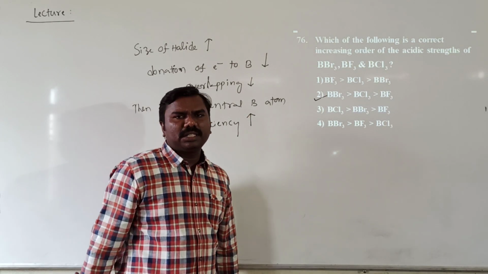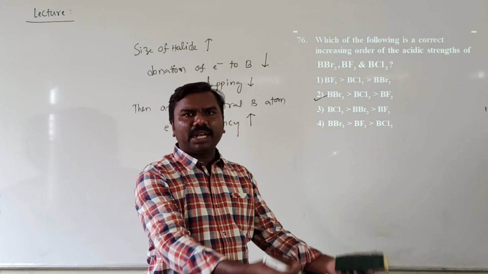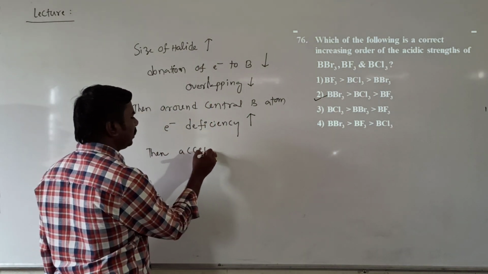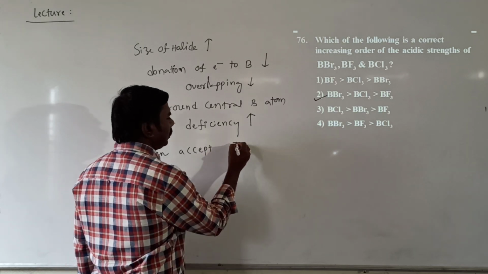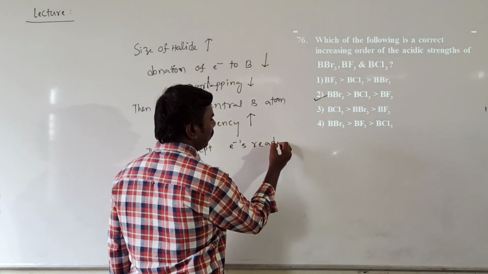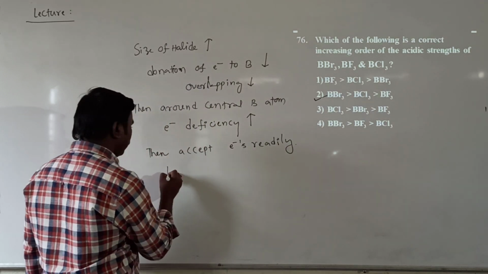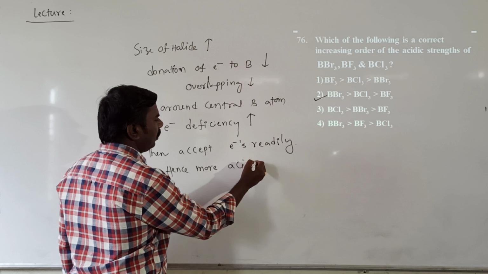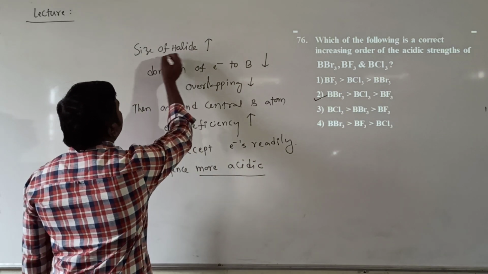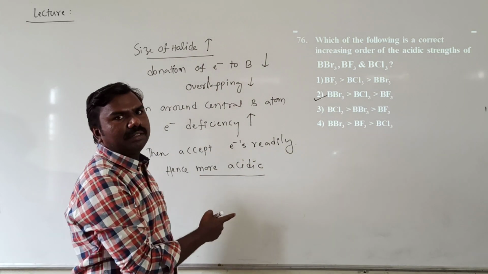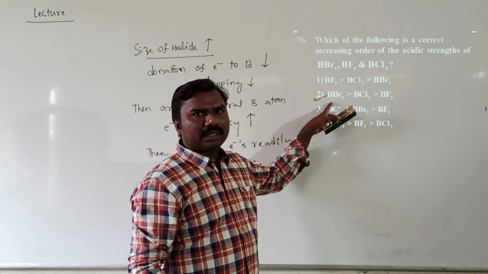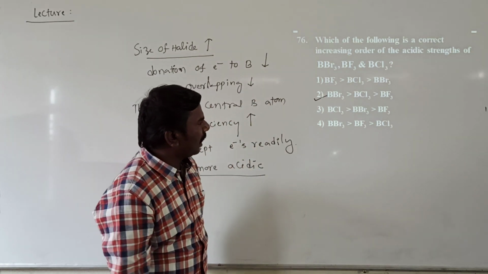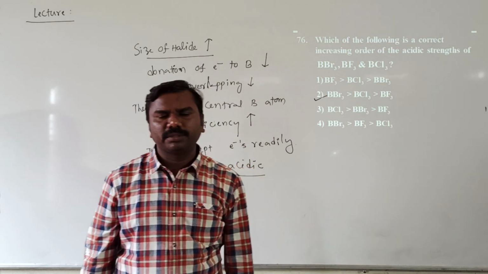Then it will accept electrons readily, hence more acidic. When the size of halide ion increases, acidity will be increased. So Br- greater than Cl- greater than F-. That's why the right answer is the second option. Very, very important.